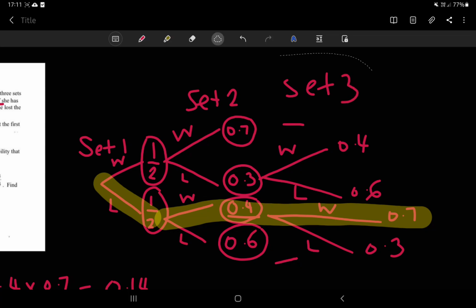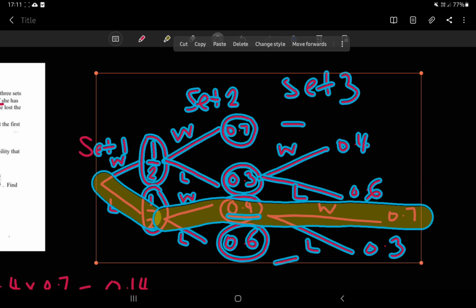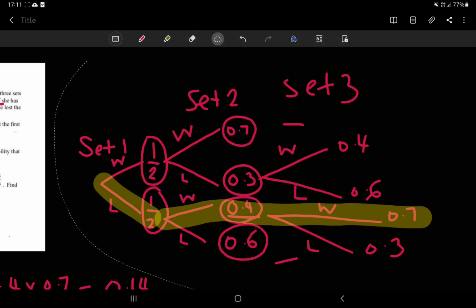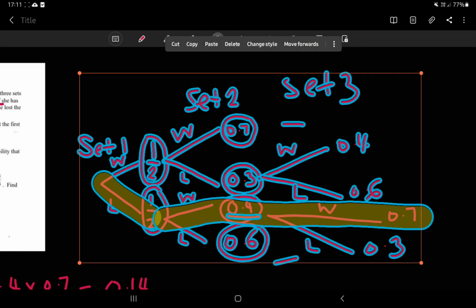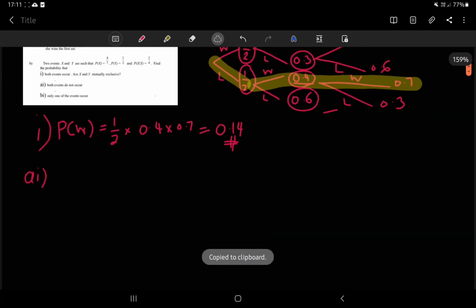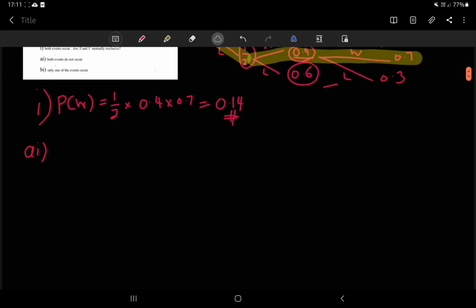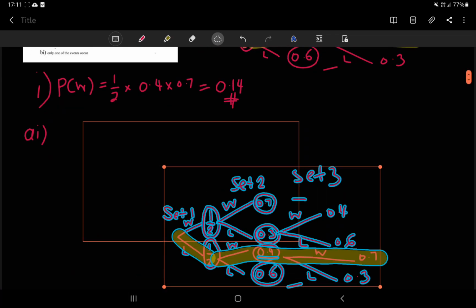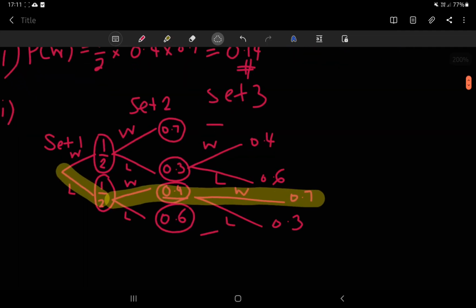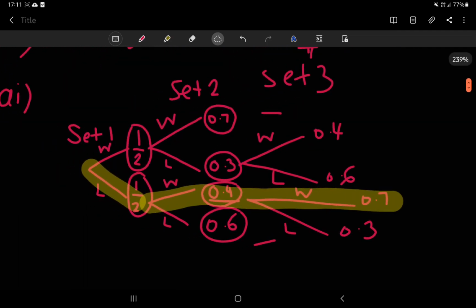So I will copy this tree, because it is almost the same, and paste it for the second one.